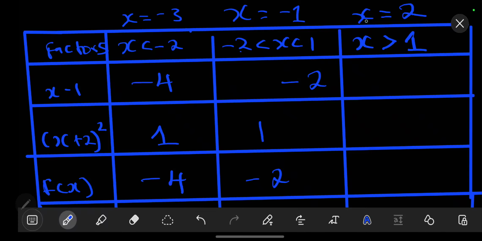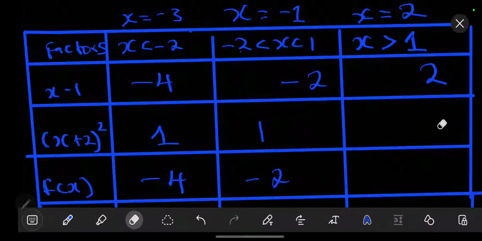Moving on. So we are at x is equal to 2. When we put 2 here, we are going to have 2 minus 1, which will be equal to +1 there. Then here when we get our 2, we put it here. We are going to get 2 plus 2, then we have squared. So 2 plus 2 is 4, squared will give us 16.